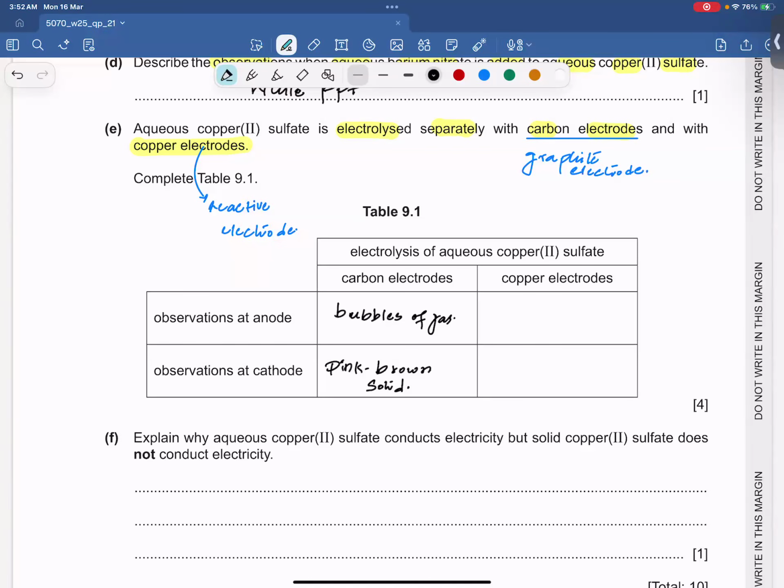So because of oxidation, size is smaller, and observation at cathode, pink brown solid.